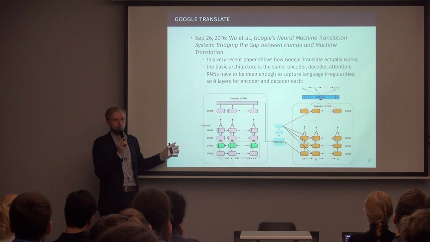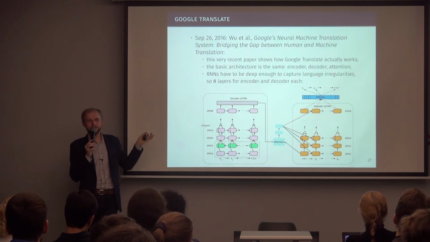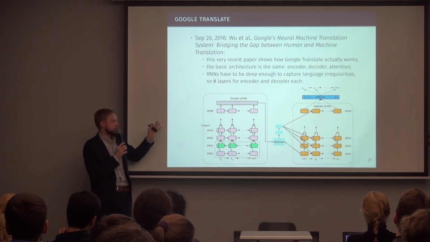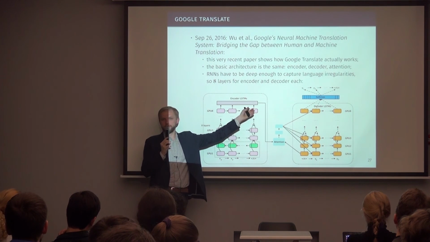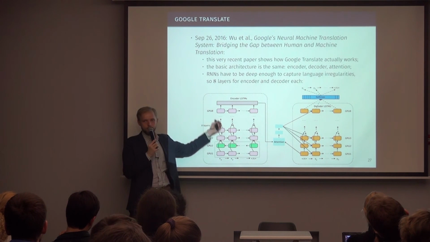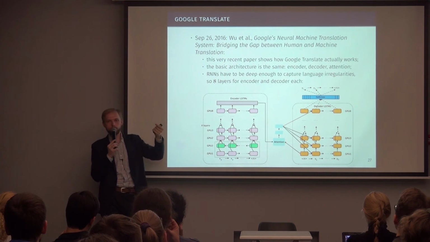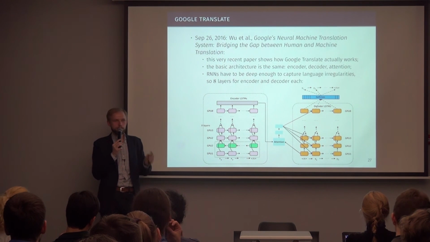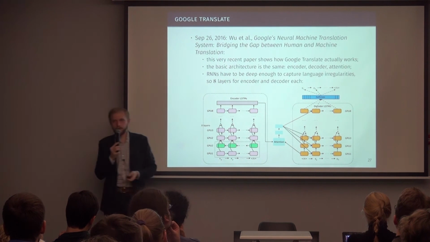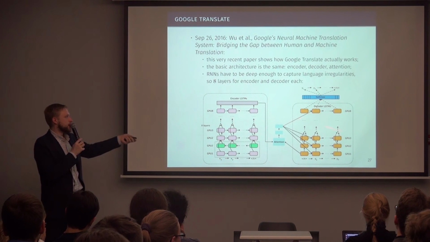I will not go into them, but what is important to see is that it is exactly the same architecture. It's an encoder-decoder architecture with attention. Only they made it deeper. They had more layers. They had special tricks that make the deep recurrent network work, which is non-trivial.